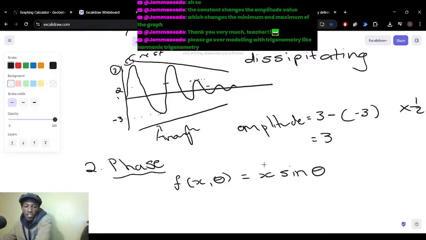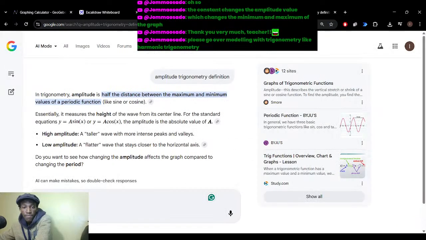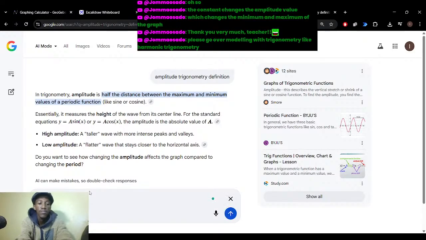So what about this theta? This theta is actually called the phase of this equation. So let's go back to our AI and ask it to define the phase.